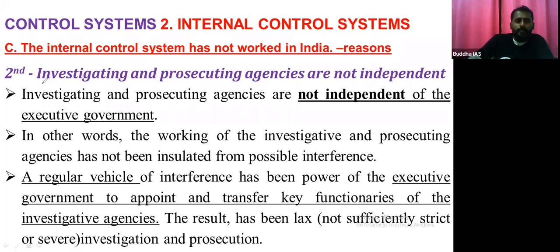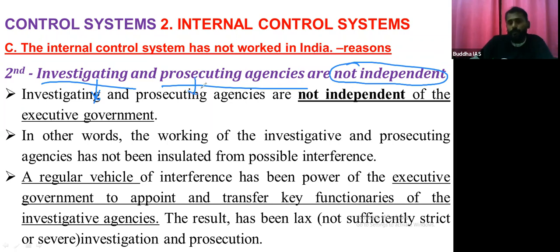Second, investigating and prosecuting agencies are not independent. The person who is investigating and the person who is prosecuting the culprit are not independent. We are talking about this as part of the internal control system, meaning the control system within the executive. Investigating and prosecuting agencies are not independent of the executive.